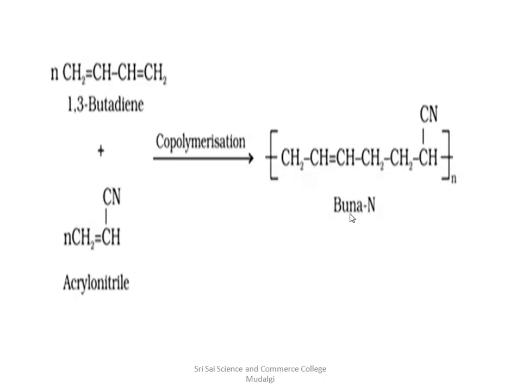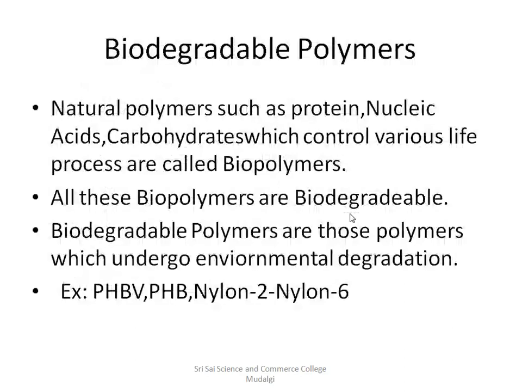So we have studied synthetic rubber. Under that, three important examples: one is neoprene, second is Buna-S, and third is Buna-N. Most of the time, students, Buna-S and Buna-N are asked in the examination. So please be prepared with the names of the monomers of these synthetic rubbers and their structures, which are commonly asked in the examinations. Now we go for the next concept called biodegradable polymers.